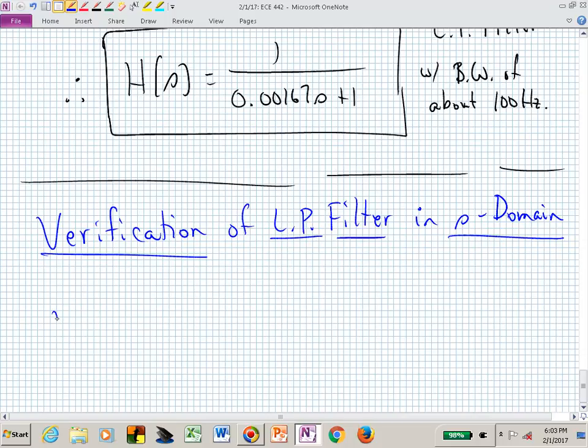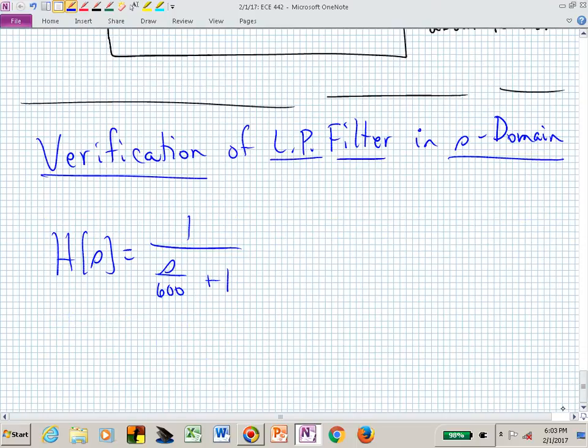H of s, maybe to write it in a cleaner way, let's just describe tau as 1 over 600. So I now have 1 over tau s plus 1 is 1 over s over 600 plus 1. And that's the time constant form, which is helpful for the Bode plot.